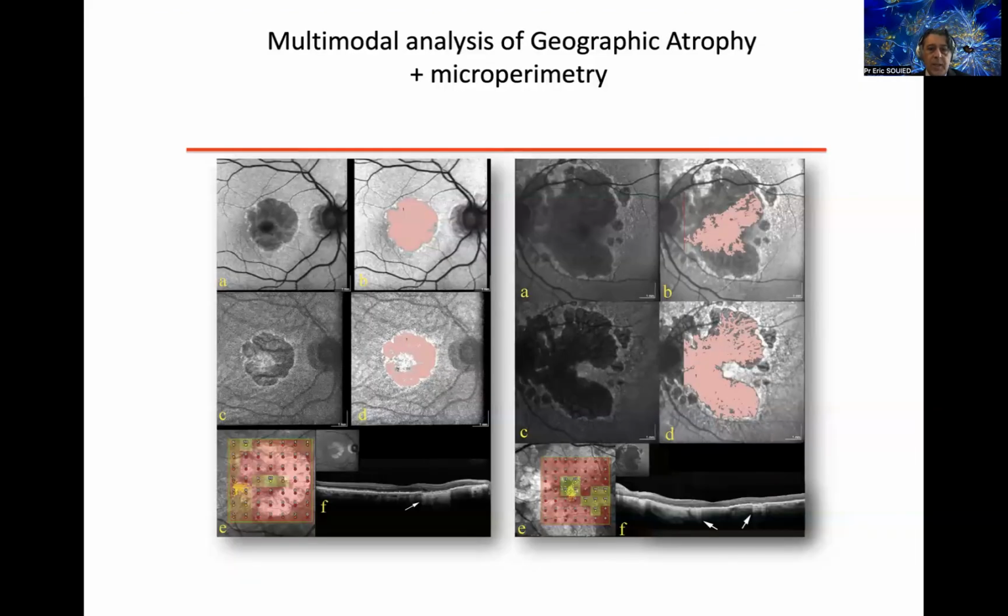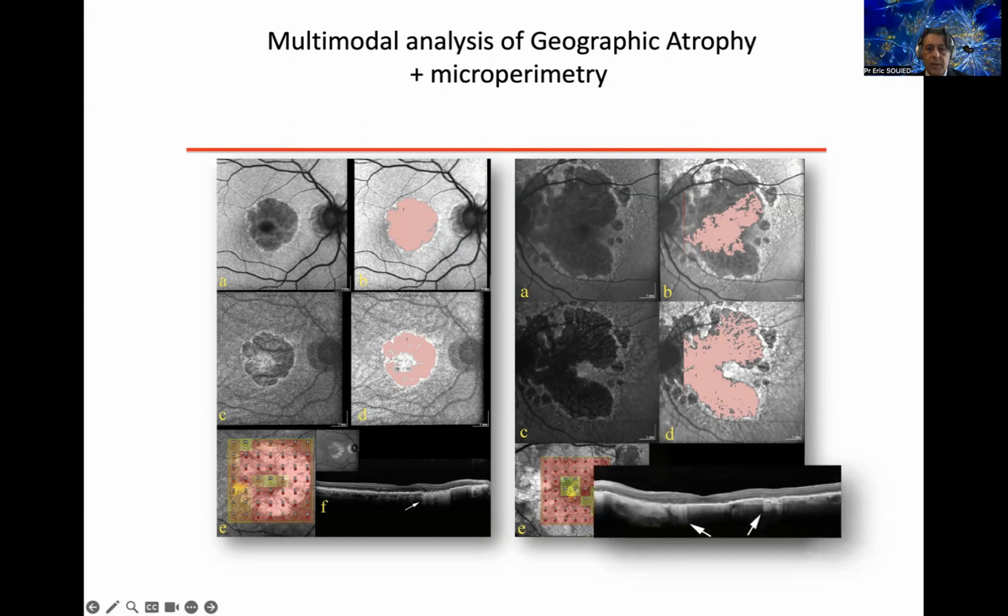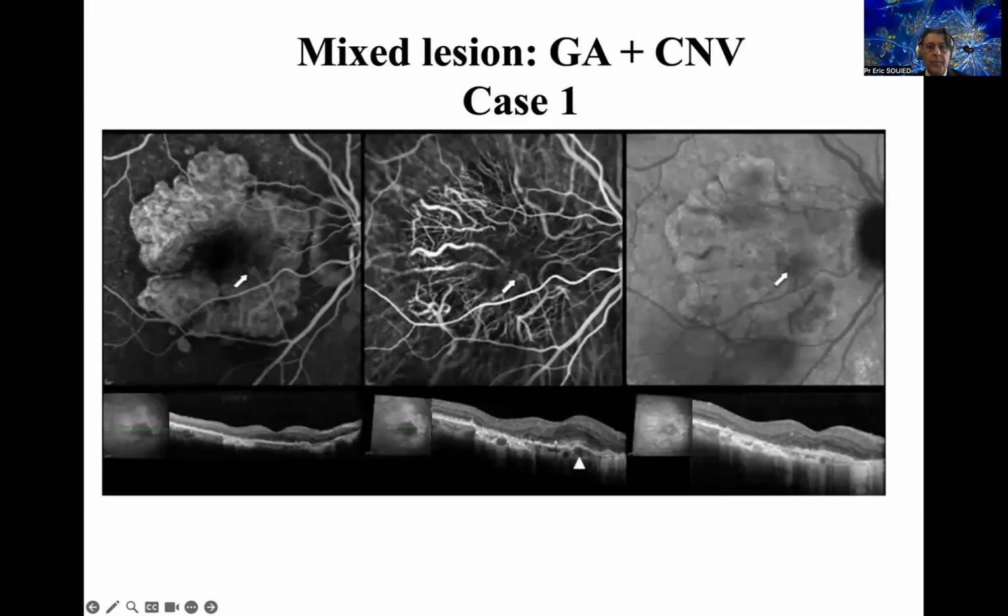All this imaging can also be mixed with functional analysis, that is microperimetry, with high correlation between the GA zone and the microperimetry function.